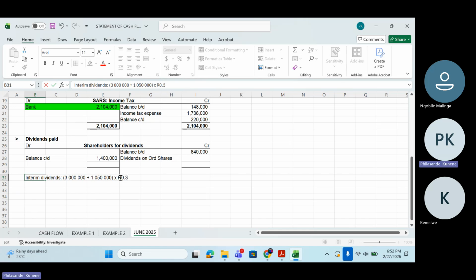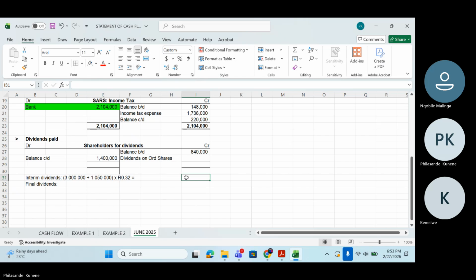Then how much am I going to get as my interim dividend? 1,296,000 rands. Thank you. That is our interim dividends.